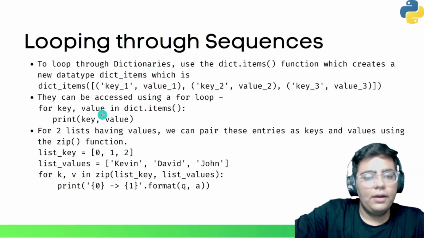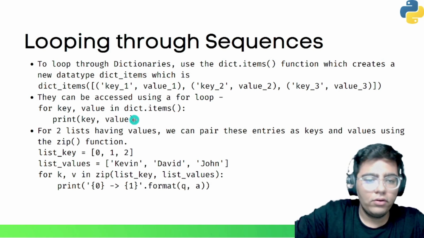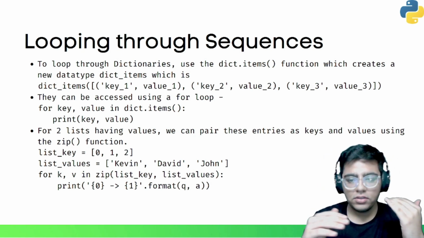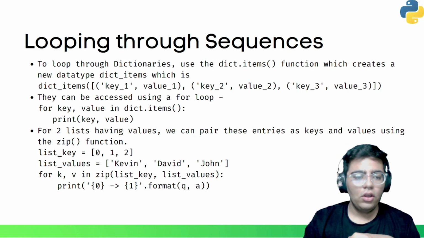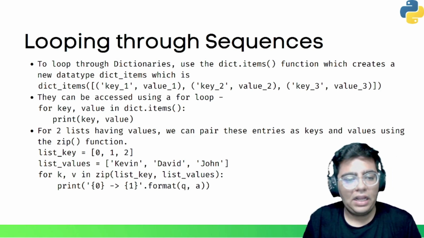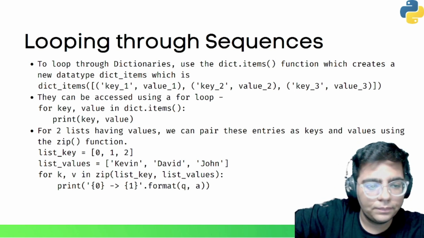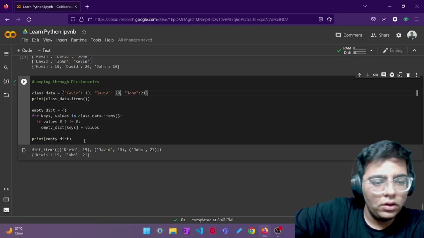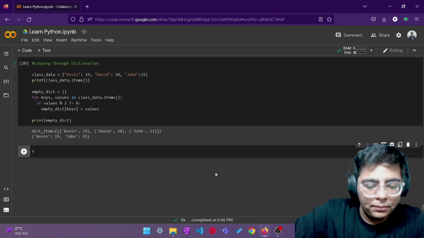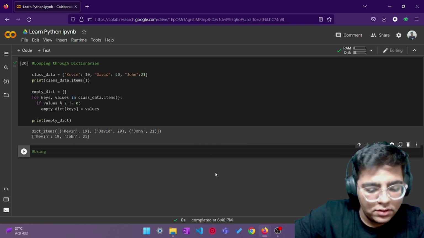Key, value in dict items, print key, value. Even that can be done. And then let's say you have two lists which have the keys and the values. We can also zip them together. I'll just show it to you. Let's create a new code cell, name it using zip on two lists.